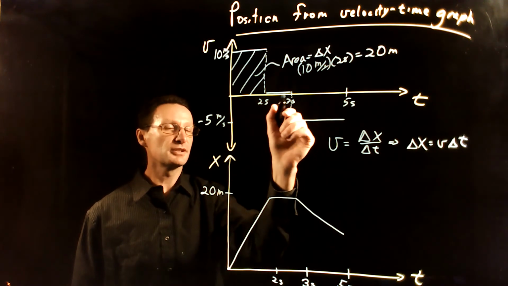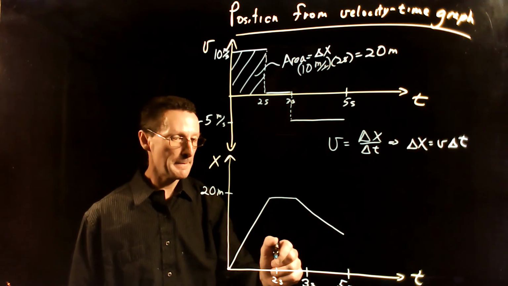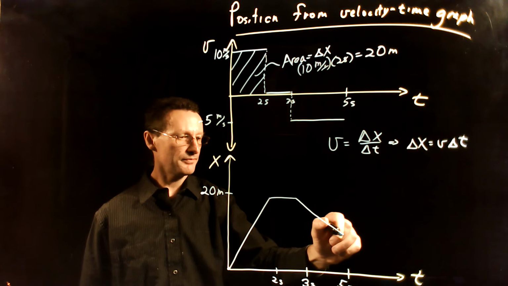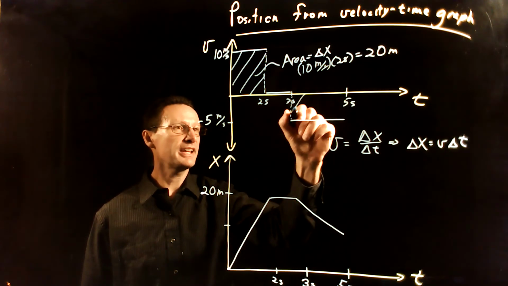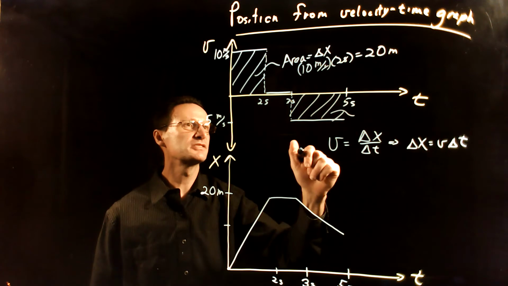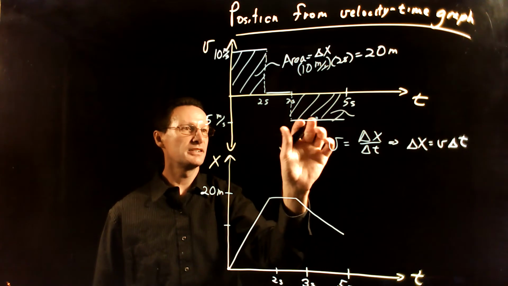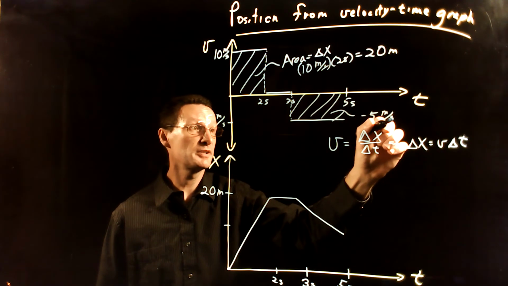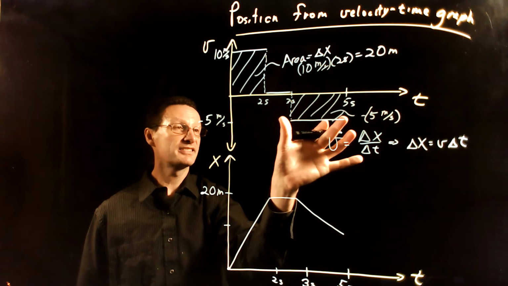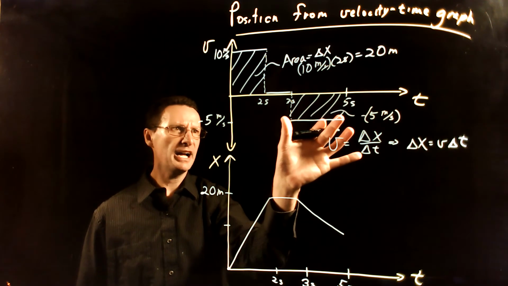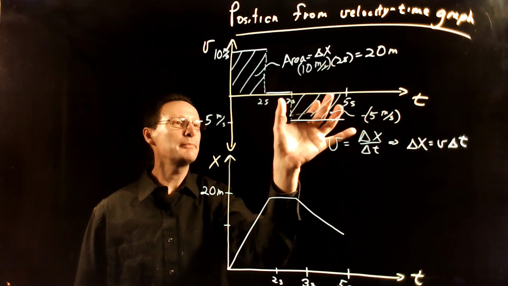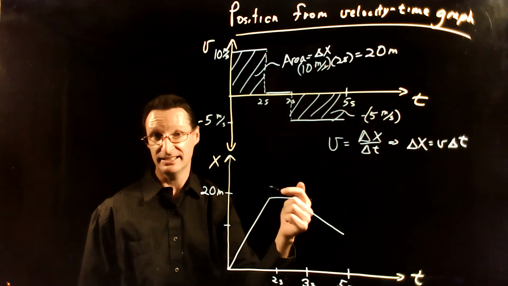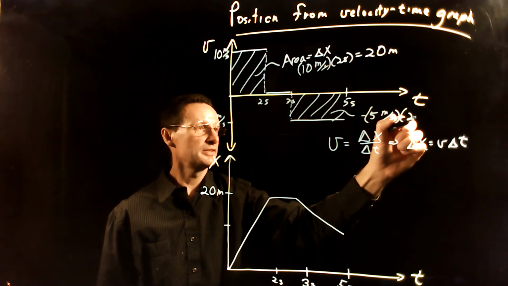Then when I'm at 0 velocity, of course, there's no area here. I stay at 20 meters. And then to get the height here, I need to find the area here. The height here is a negative 5, so this is going to be negative area: negative 5 meters per second. And I multiply that by the time interval. Now, would I multiply by 5 or 3 or what? Well, I want the time interval, which is the difference in the two times here. This is a length of 2 seconds. So I'm multiplying by 2 seconds again.